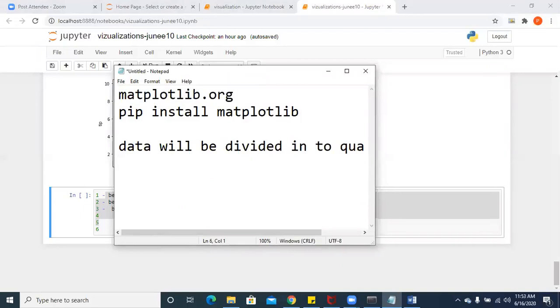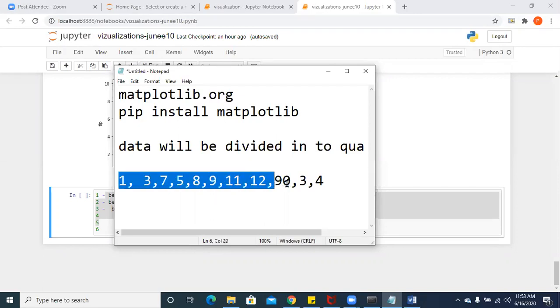Let's suppose I have this data: 1, 3, 7, 5, 8, 9, 11, 12, 90, 3, 4. Okay, so let's suppose this is the data that I have.